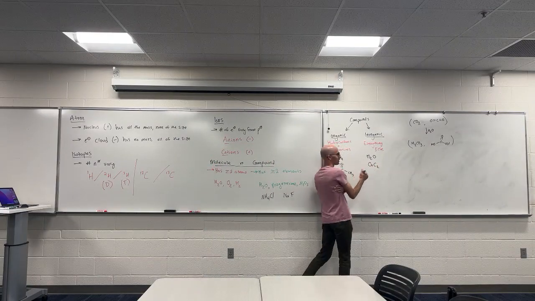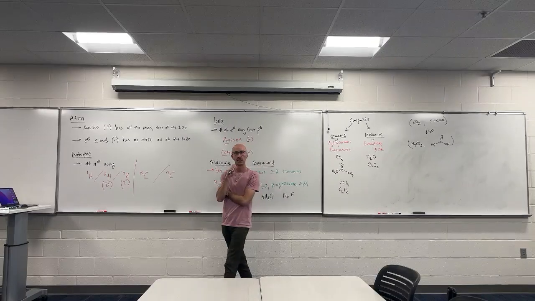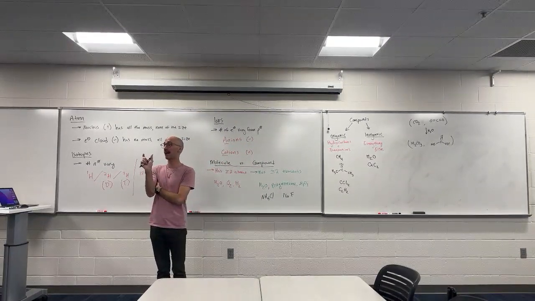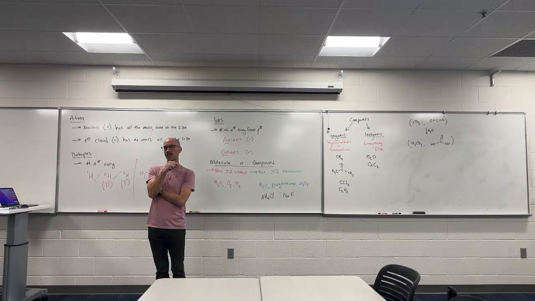Calcium carbide is CaC2. So that's a compound C2 2-. I put it in the inorganic section because it feels pretty inorganic. But again, I don't know. Maybe it is better considered organic.